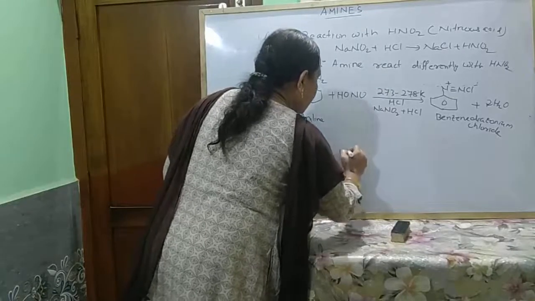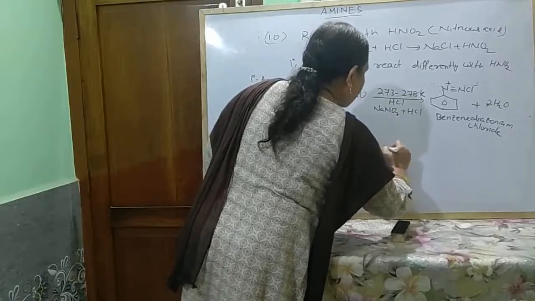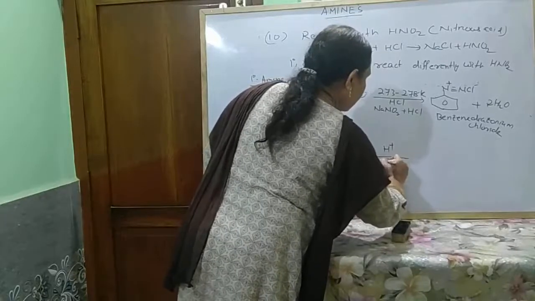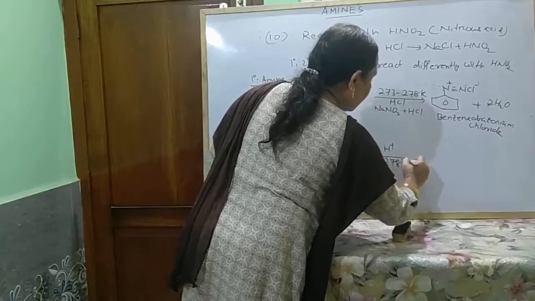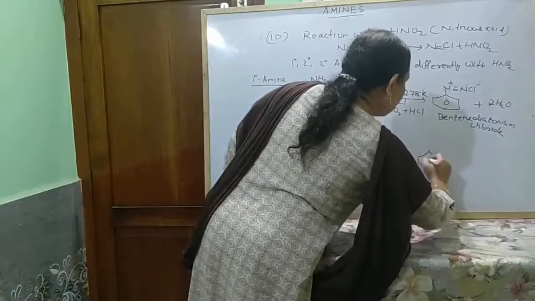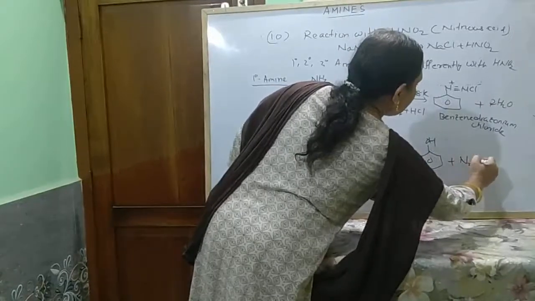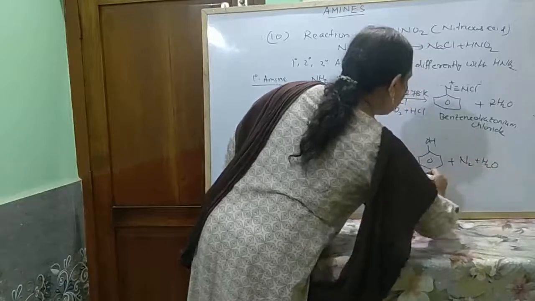C6H5NH2 plus HONO in acid medium at greater than 278 Kelvin forms phenol, C6H5OH, plus N2 plus H2O.